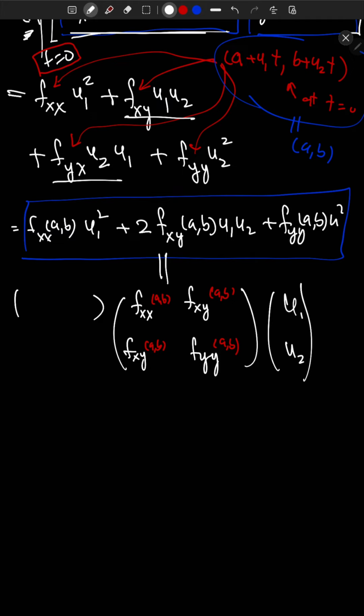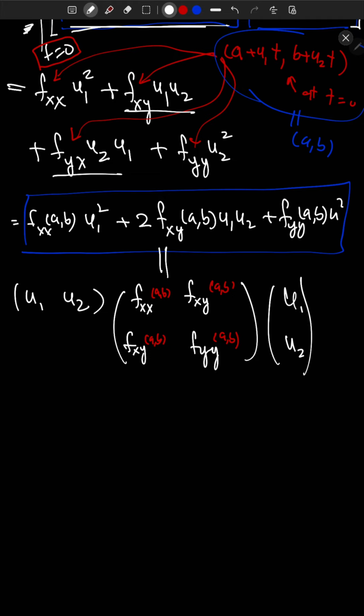But if I multiply by a horizontal vector here, u1, u2, these two things are actually equal. If you've done any matrices before, you can literally just calculate it. This row times that column, the second row times that column gives you a column vector. Then you multiply by u1, u2, and you get a number. What is that number? It's literally going to be this guy up here.